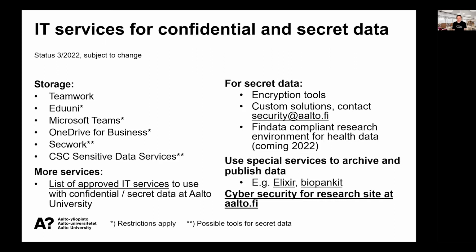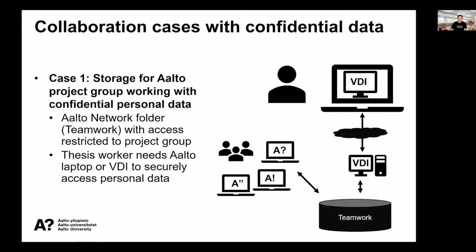But we have services for those, and next we will go through some case examples so that we can look at the different cases and what kind of services would be good in there. So at this point, I will invite Dan to introduce our first example.